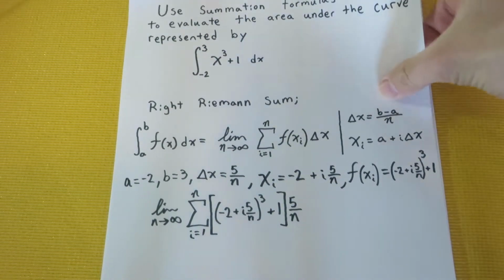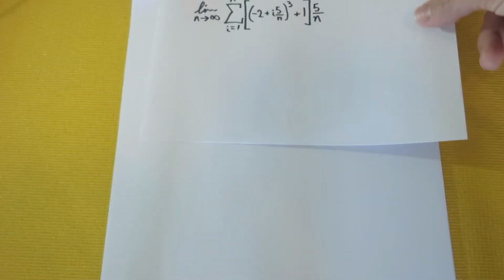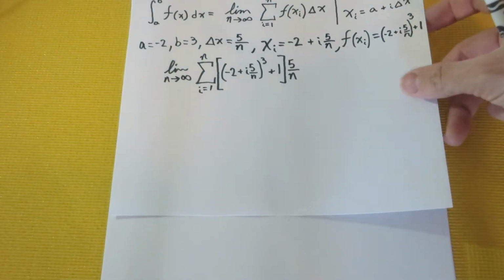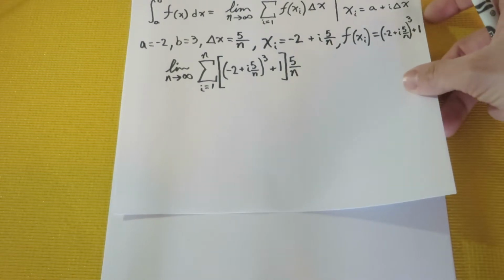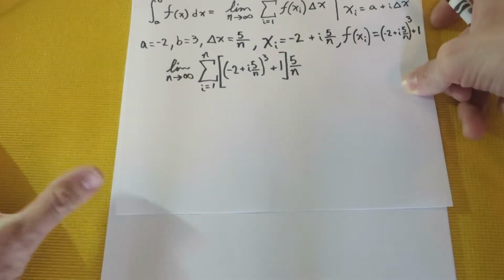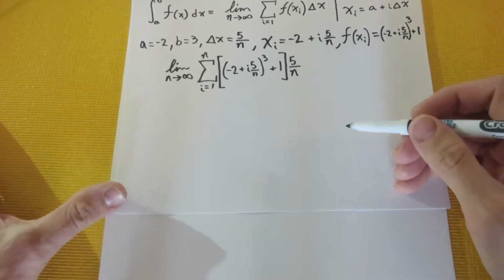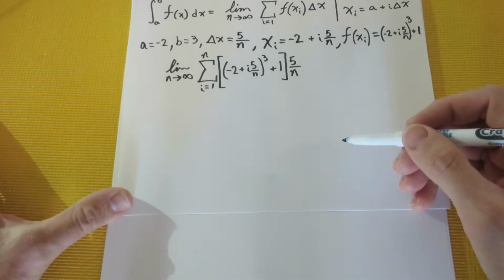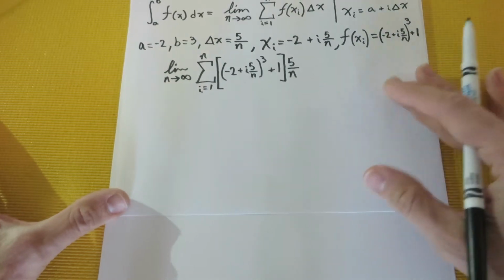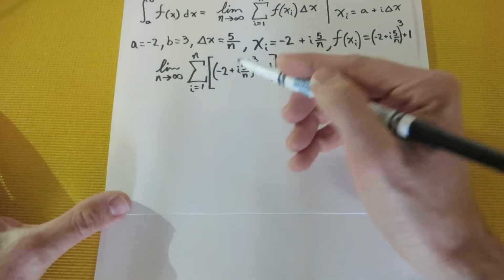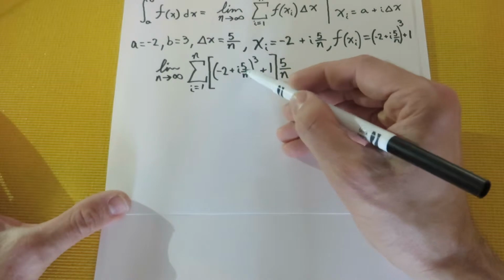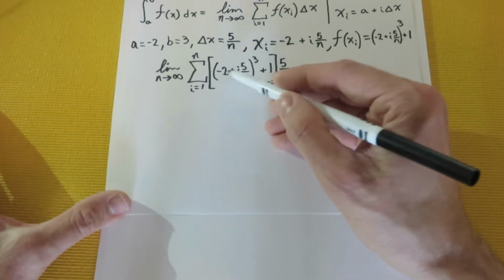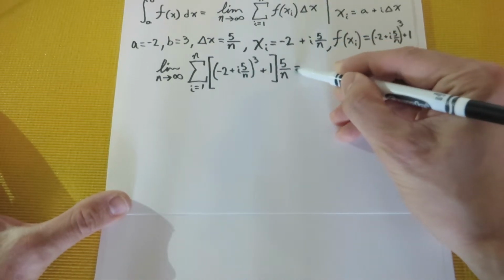So I'm probably going to need to start with another sheet here to give us plenty of room. I'll go to the bottom of this one here. Well, what we can do is we can expand this. So this is going to equal, well, for starters, we have a negative 2 here out front, so why don't we put the negative 2 on the other side? That won't really change our expression.